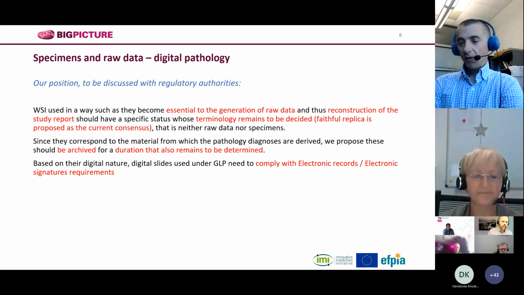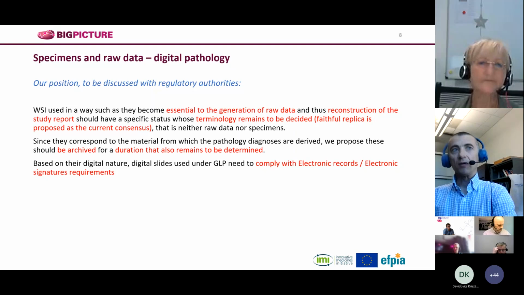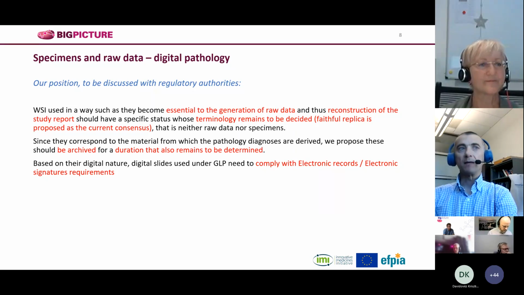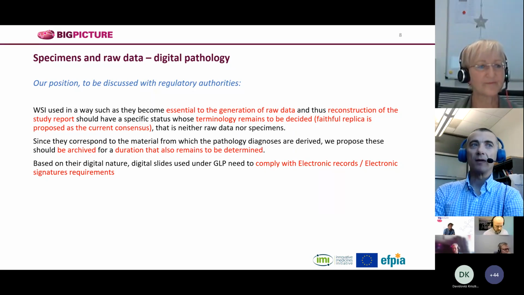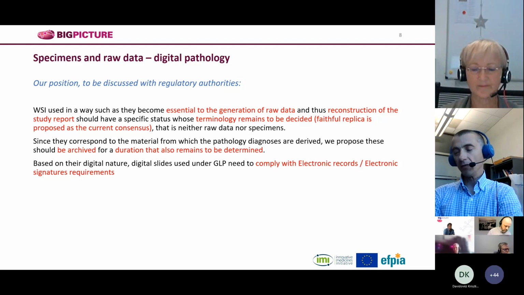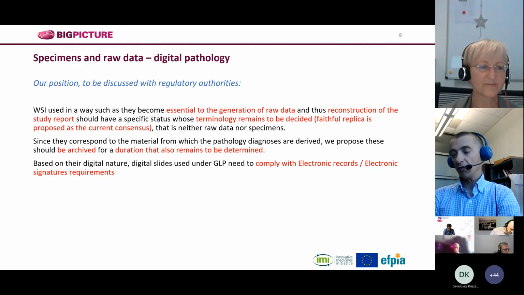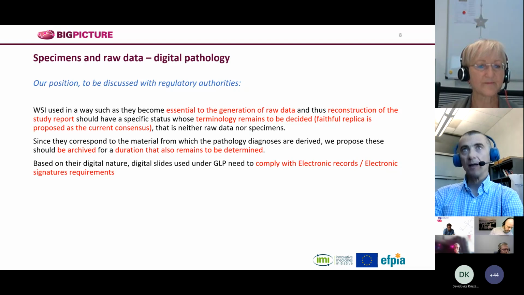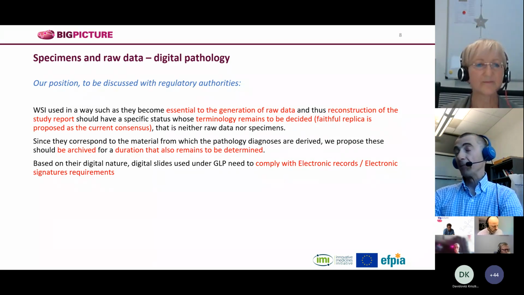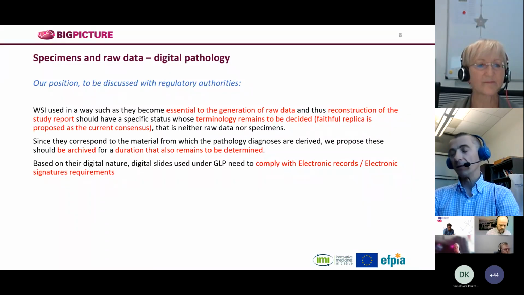So, as you understood from Gabriel's presentation about raw data and specimens, the problem we have with whole slide images when we use them in order to derive diagnoses and then to generate raw data that will be used to reconstruct the study report is that these whole slide images actually are not real specimens because they are not directly derived from the animals or the test system, and they are not the dated and signed pathology report, which is considered the raw data.